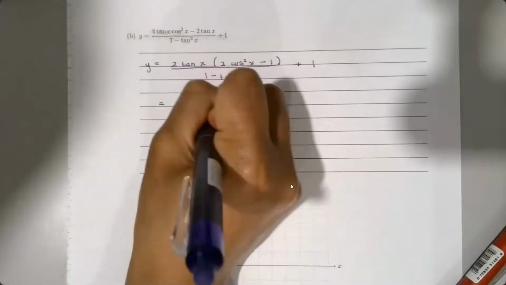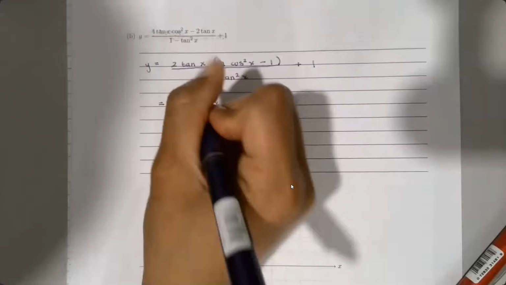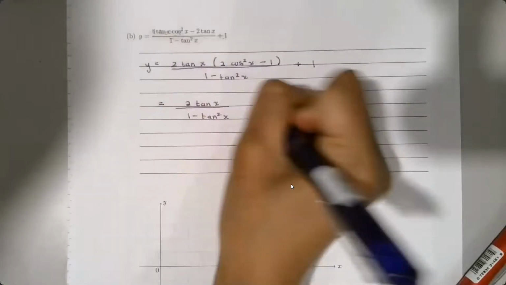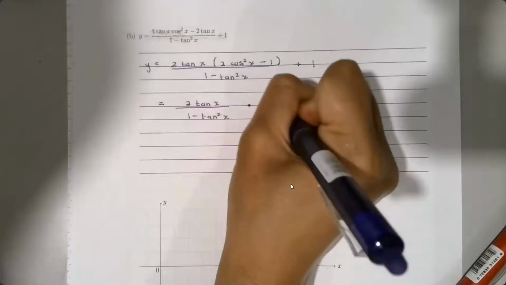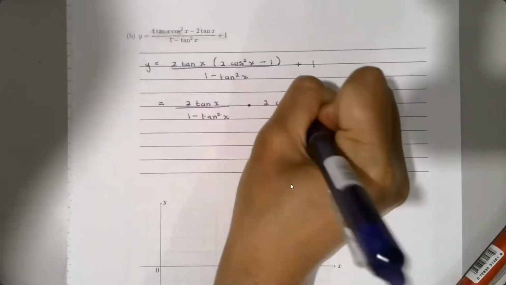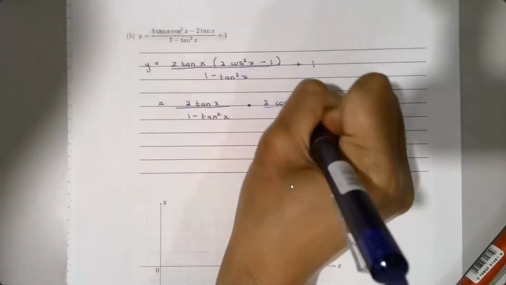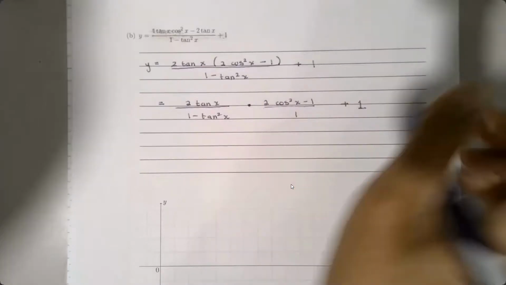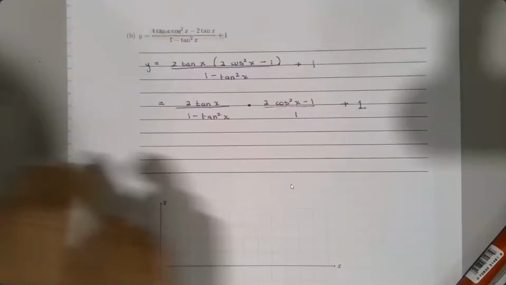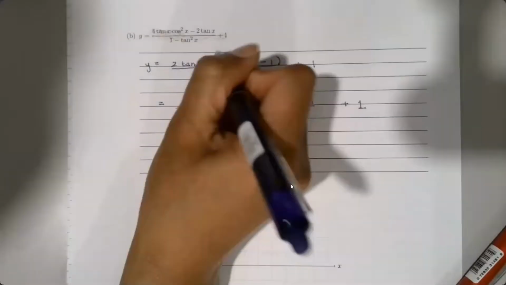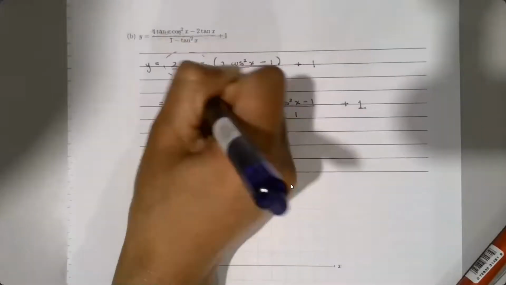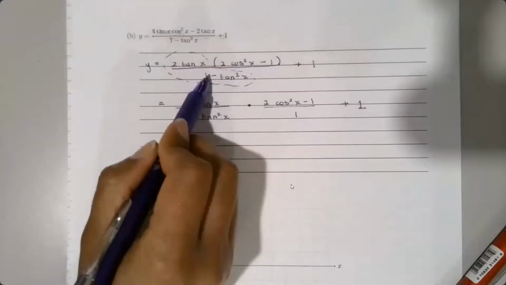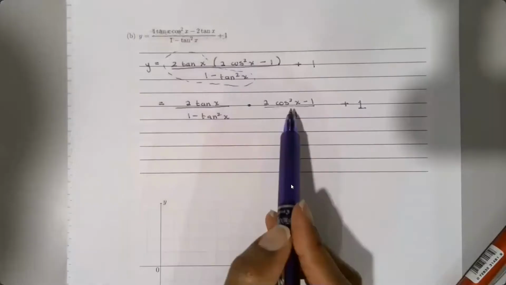The first one will have 2 tan x over 1 minus tan squared x. The second one is going to have the 2 cosine squared x minus 1 over 1. And then we still have to bring down this plus 1 constant. I separated them into 2 fractions: one that has the tangents, and another one that just has the cosine.